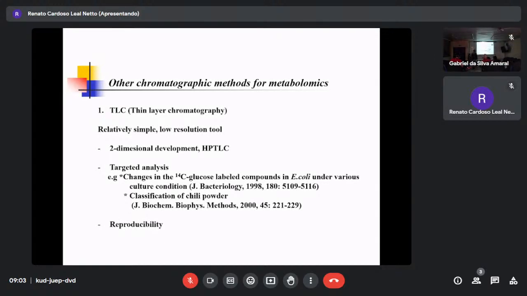Be careful: depending on the analytical method, processing is different. For NMR cases, I will show you later. For LC-MS cases, I already showed you alignment, normalization, removing noise, filtering; those kinds of things are needed.